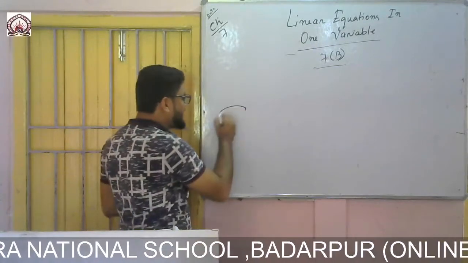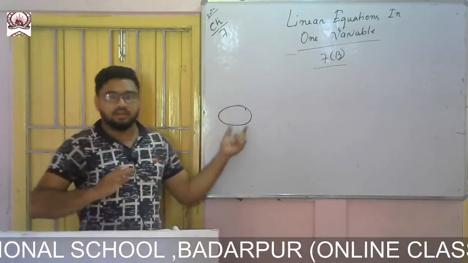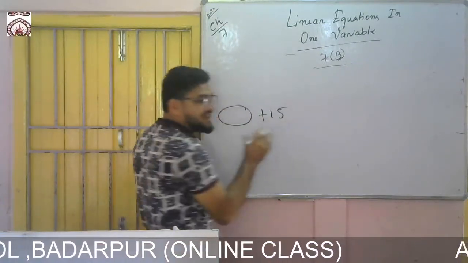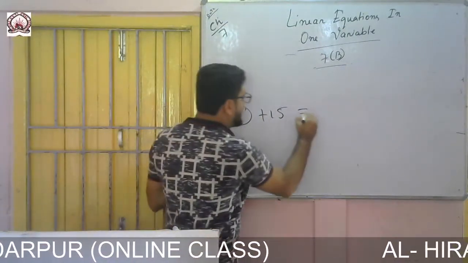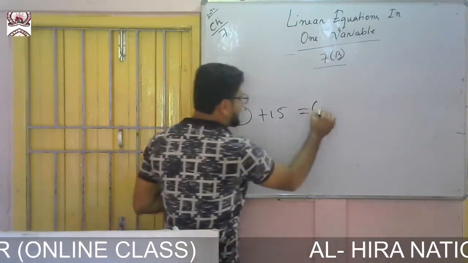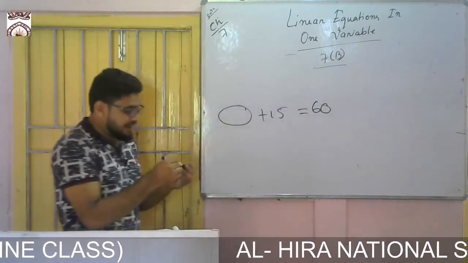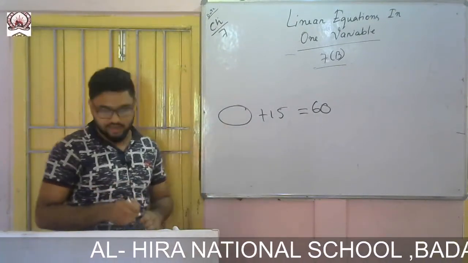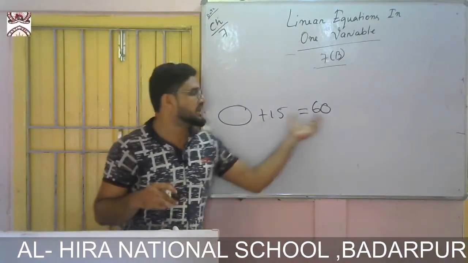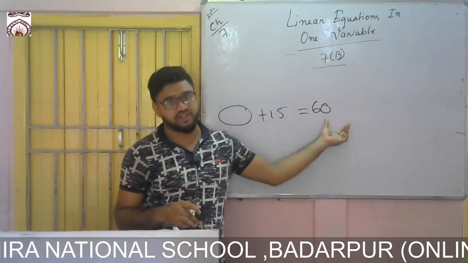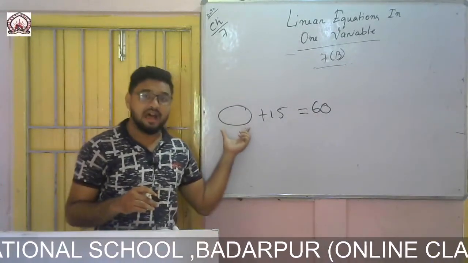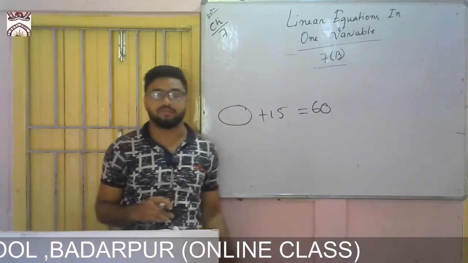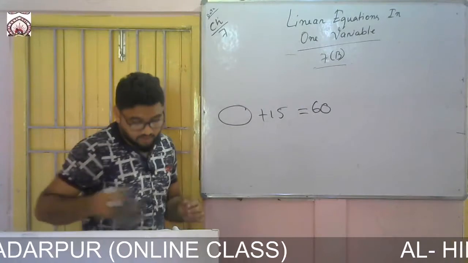That means earlier she had some weight, and after gaining 15 kg it became 60. The question asks us to find the previous weight of the girl.